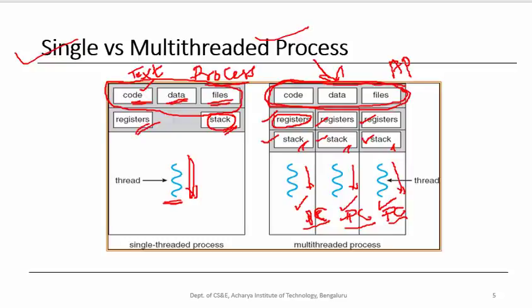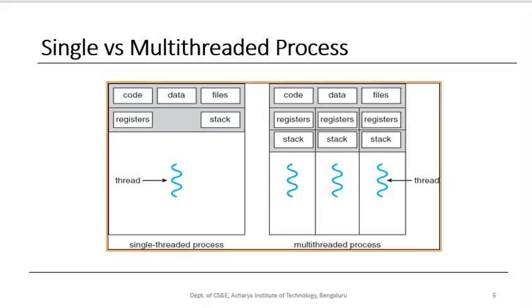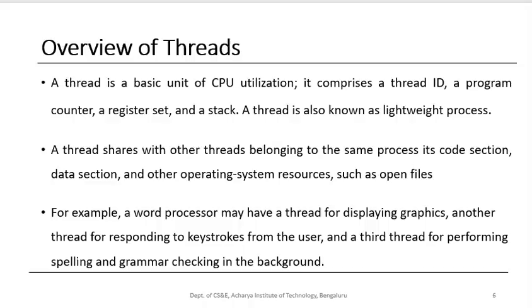So let me just give you a summary of whatever we have discussed so far, and I'll tell you the advantages of threads. Okay, so let me go to the next slide. Here I have summarized the information about the thread.